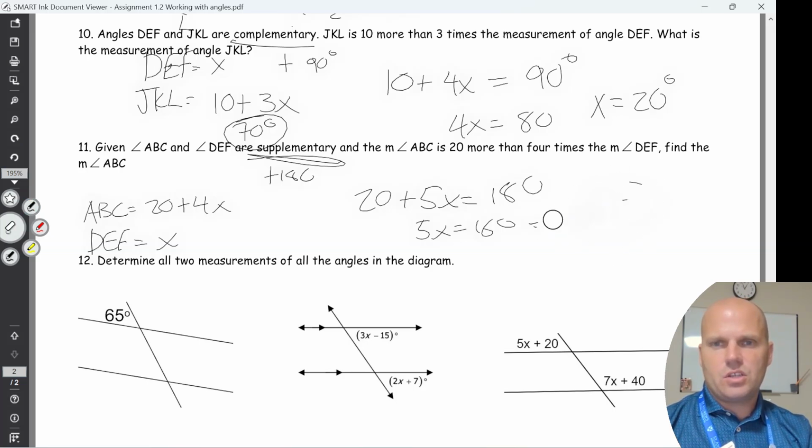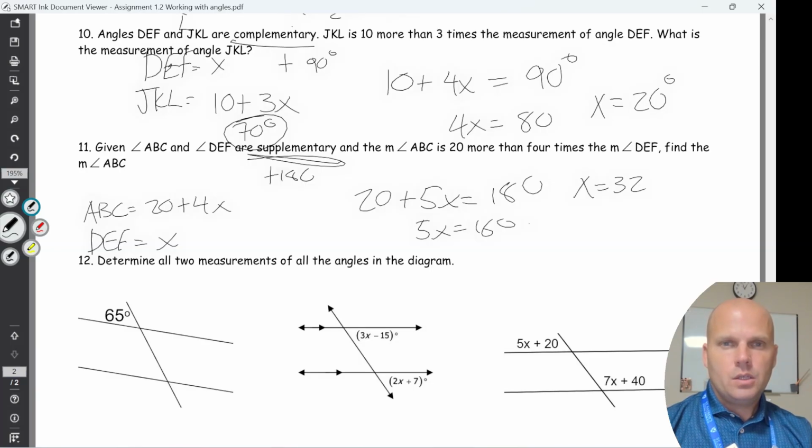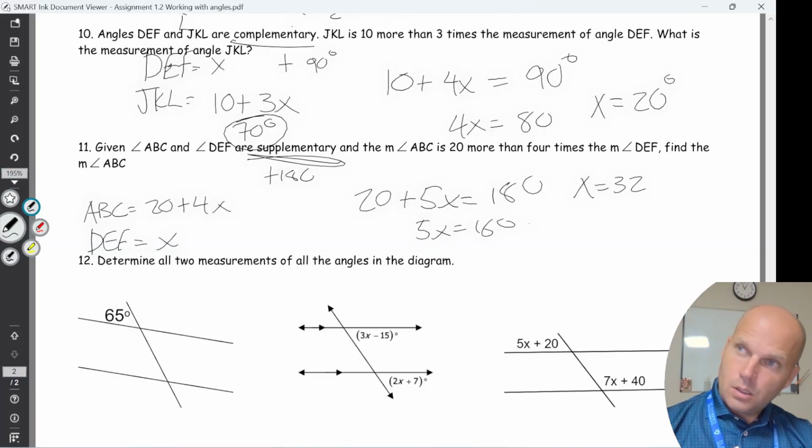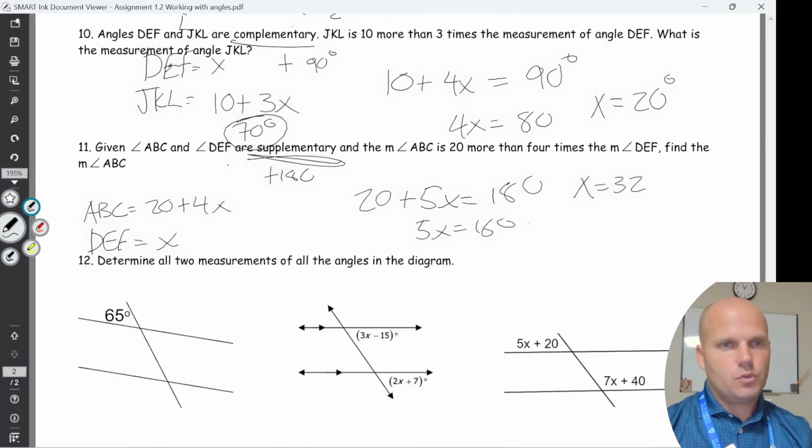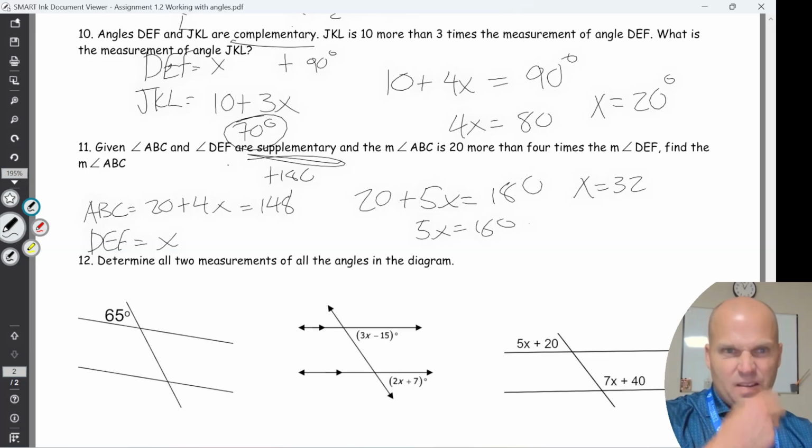And if x is 32, then ABC is 4 times 32 plus 20. So 32, 64, 96, 128 plus 20, 148.